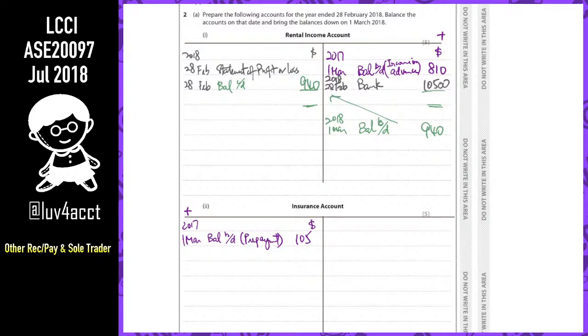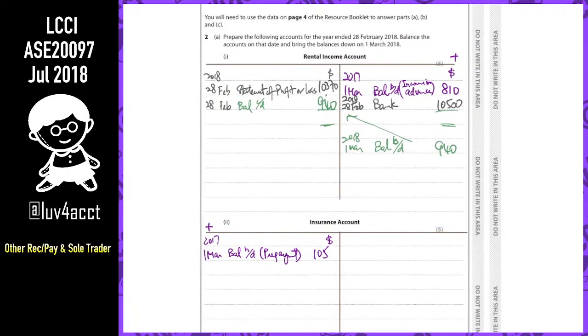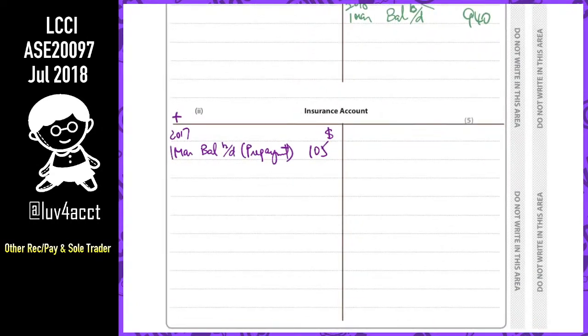So let us calculate the transfer. It would be 10370. Also the same for the insurance account, but then opposite.